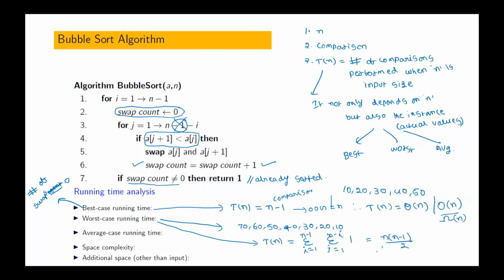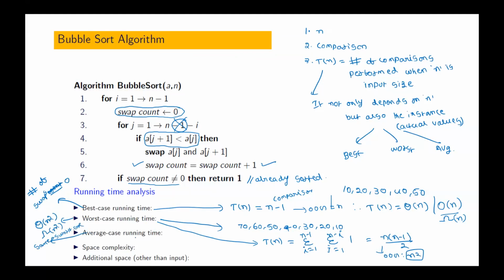What is its order of growth? N square. So what is the worst case running time? We can write it as theta of n square or big omega of n square. The average case is also the same as the worst case.